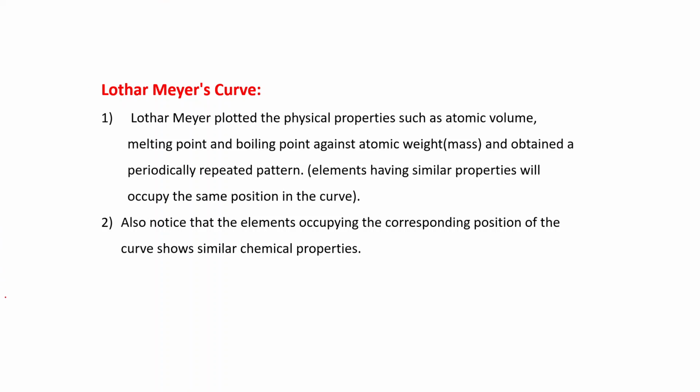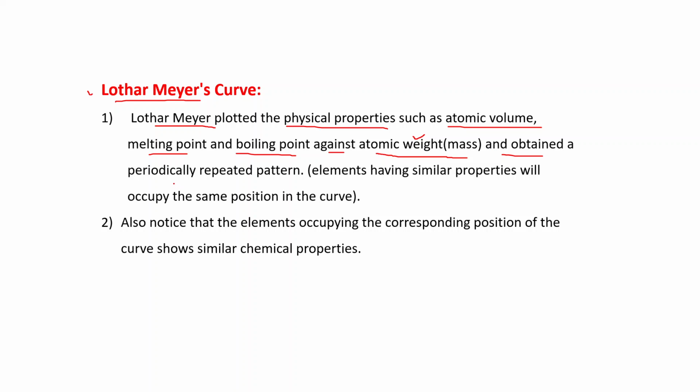The next attempt was made by Lothar Meyer, and he made some curves. These curves are known as Lothar-Meyer's curves. Lothar Meyer plotted physical properties such as atomic volume, melting point and boiling point against atomic weight or mass. Actually, the term atomic mass which we use nowadays was initially used as atomic weight.